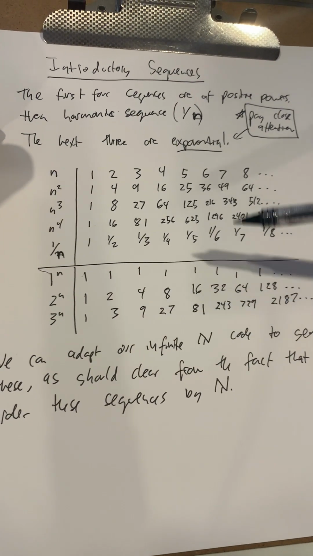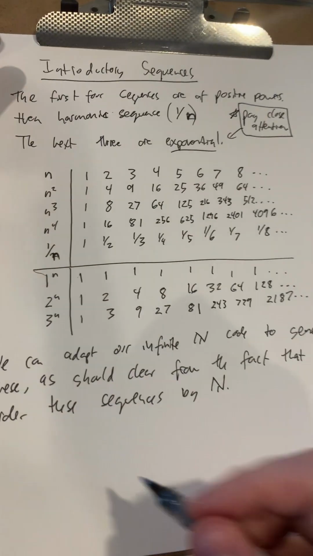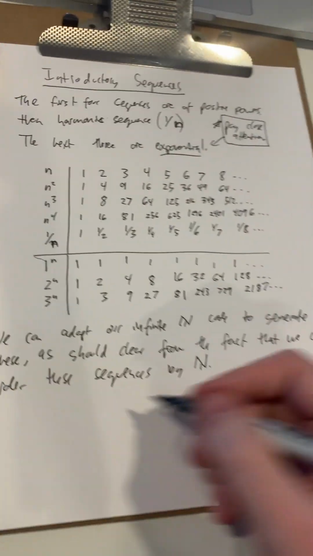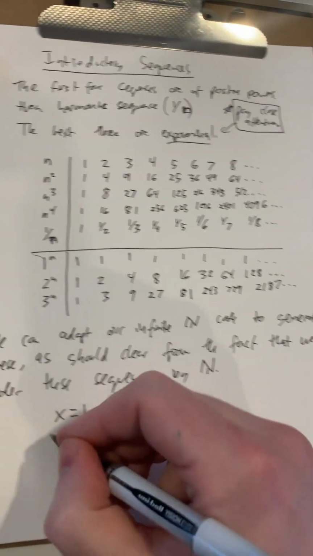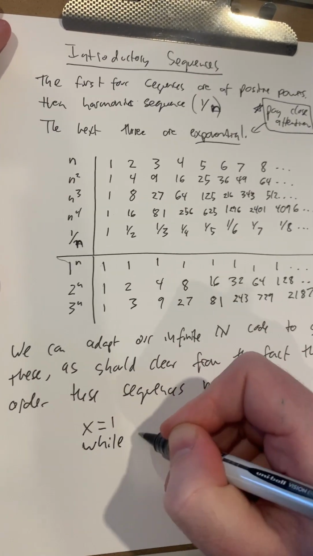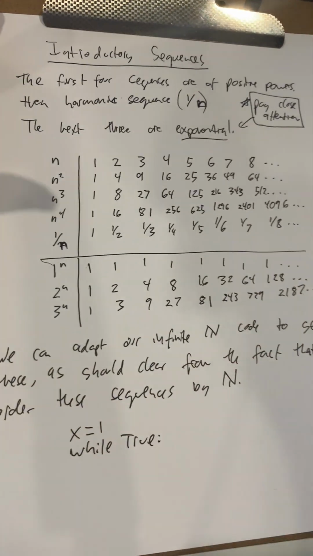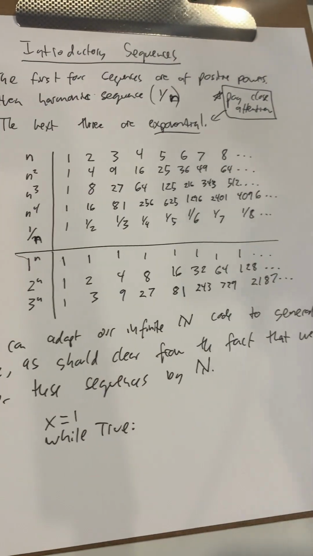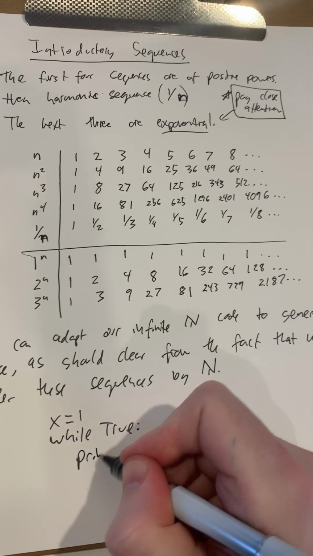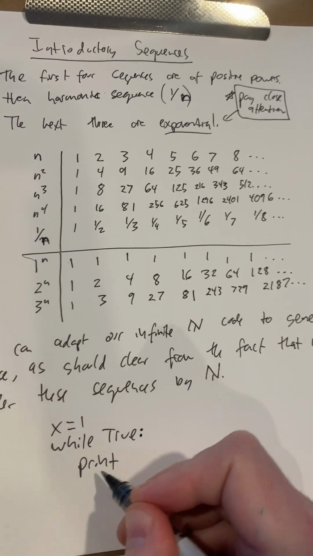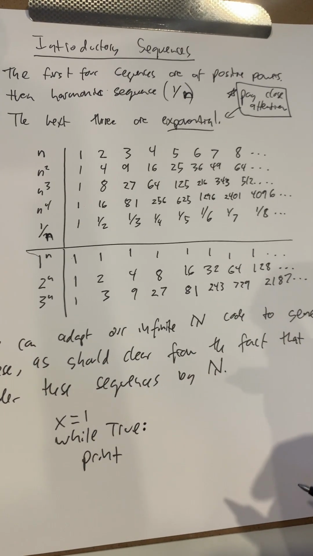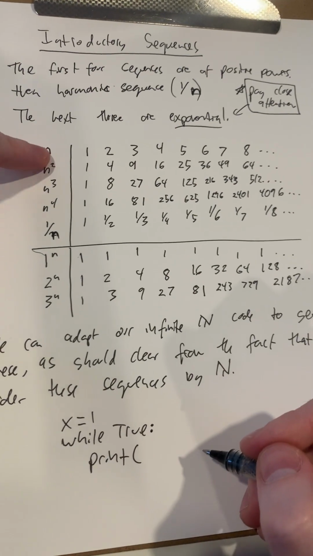then we can produce all of the desired values of n. This ends up being shockingly simple to produce using a piece of code, and I'm going to use the power of a print statement to do it. X equals 1. We're going to use while true, which we'll remember just runs our while loop forever. You're going to indent properly, and remember we've got to have our colon here in order to make sure that the while loop actually works. First, we're going to print x.